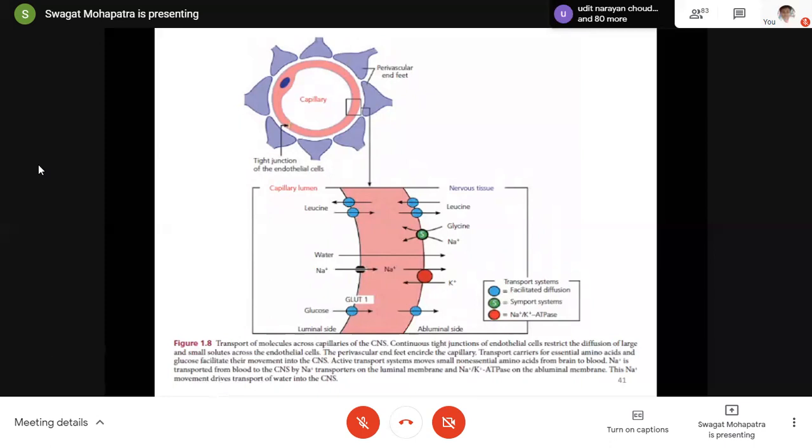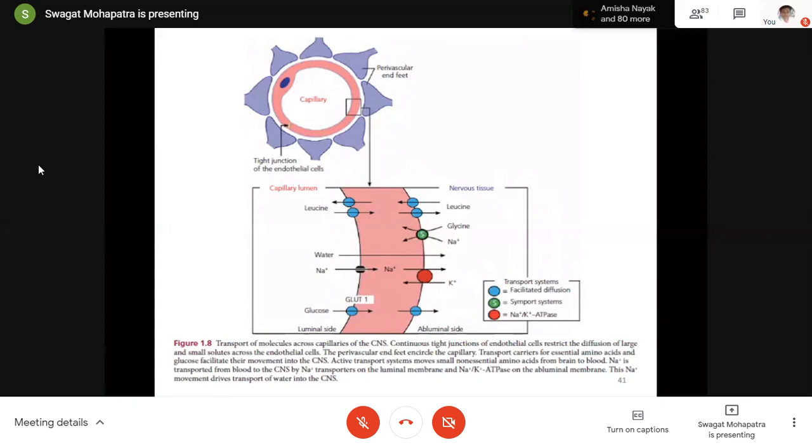So inside the nervous tissue, since glucose is utilized, glucose utilization by the nervous tissue also is non-insulin dependent. That means nervous tissue does not require insulin, whose job is to help in the glucose transport into the cells or utilization of glucose by the cells.